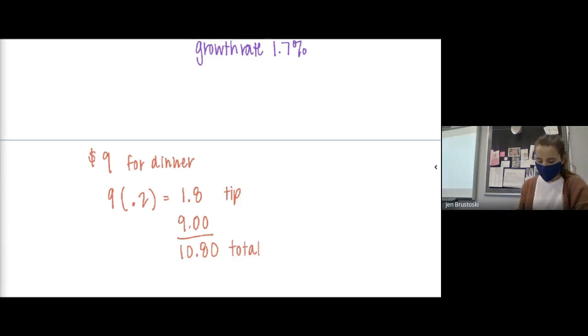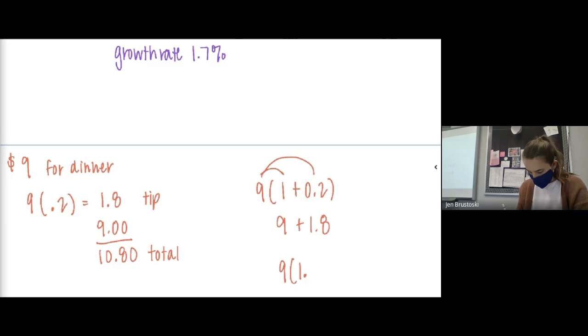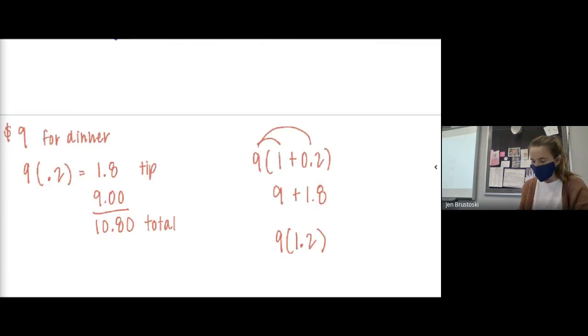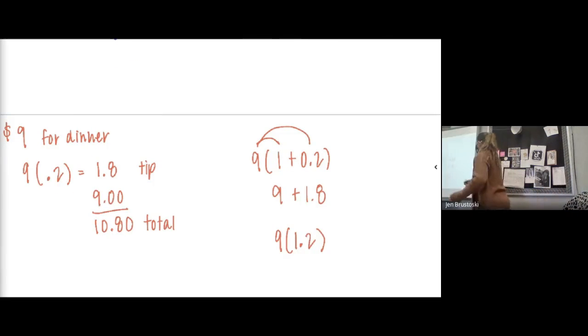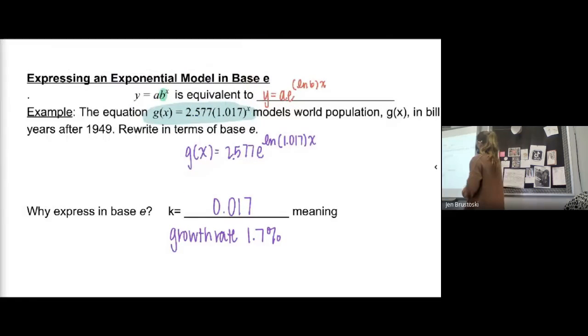What I could have done initially was 9 times 1 plus 0.2, because when distributed, this is 9 plus 1.8, or 9 times 1.2. So you're saying it's a 20% growth rate of what my total was. If I had $9 and multiply by the growth rate, that's how much total I'm going to pay. It's the same concept here. It's growing by that 1.7%.